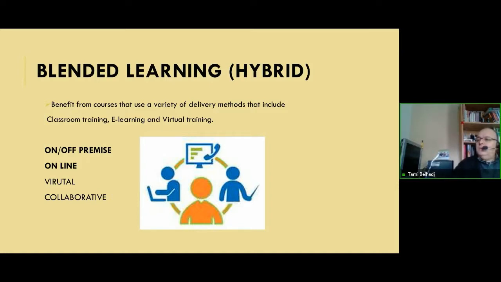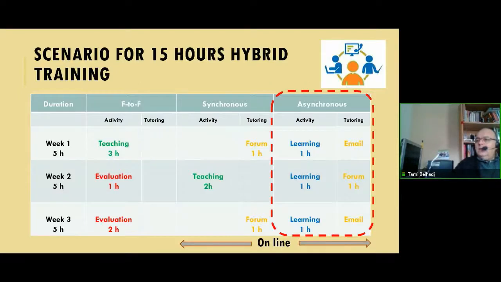So some of it is face to face, some of it is synchronous online, some of it is self-taught online. And typically, for those of you that are in VOCAD, a 15-hour course or training would unfold this way.